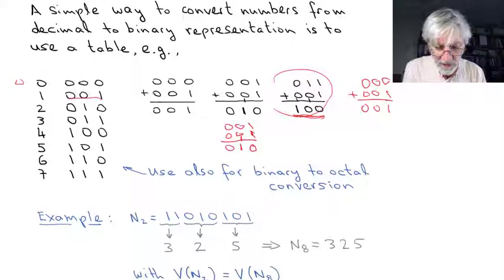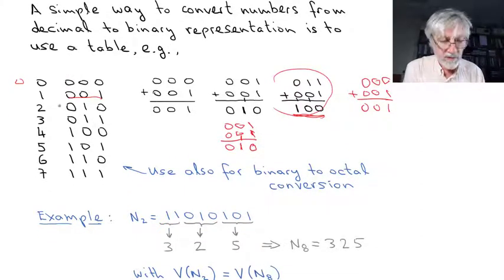Okay, so an interesting way of using this table is also for binary to octal conversion. If you have a binary number and we want to convert it to octal, we just partition the binary number, like this number here, for example, 1, 1, 0, 1, 0, 1, 0, 1.